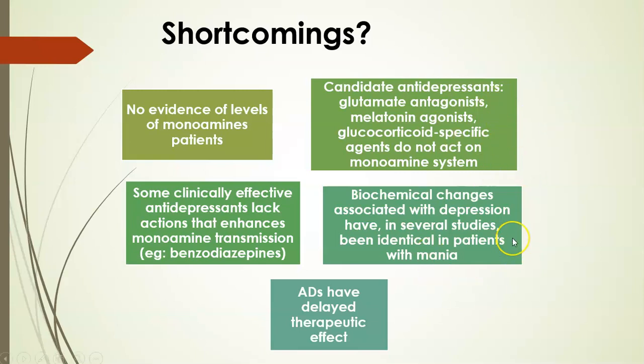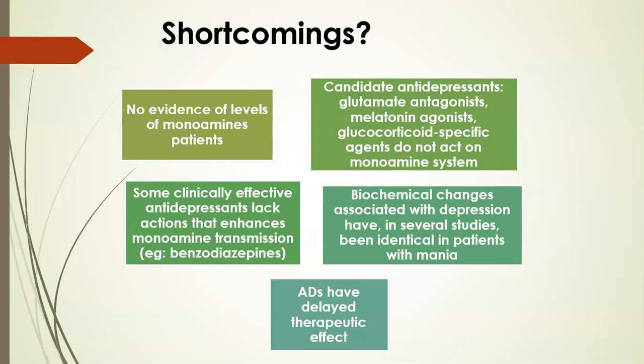And the next shortcoming is when people have looked at studies of imaging of the brain and whatnot, some of the biochemical changes associated with depression are really identical to patients with mania, which, to explain this, is actually at the other spectrum of the disease. So if depression is something to do with low levels of monoamines, mania is like a lot of monoamines, like dopamine and so on.